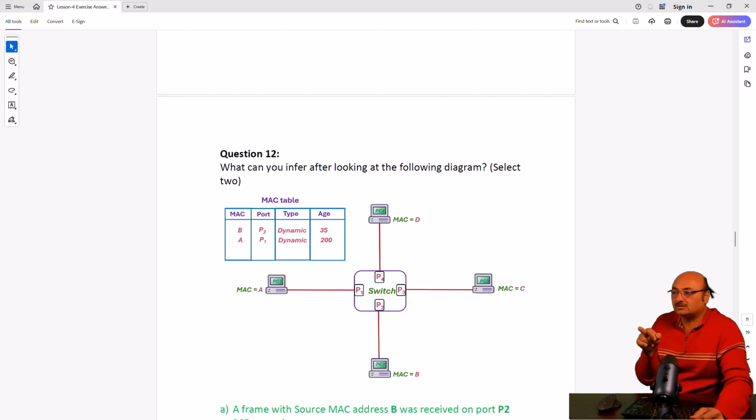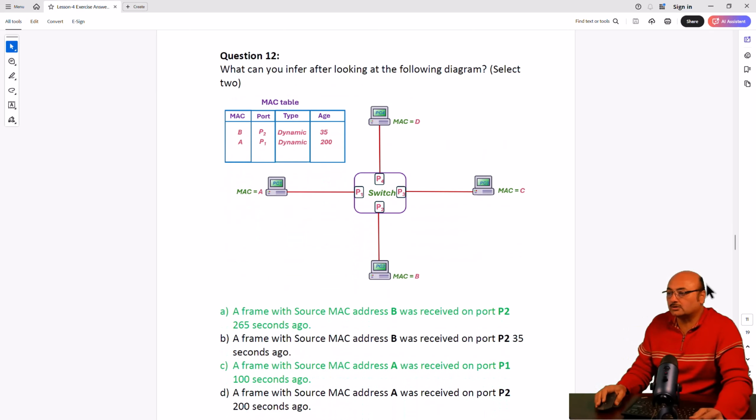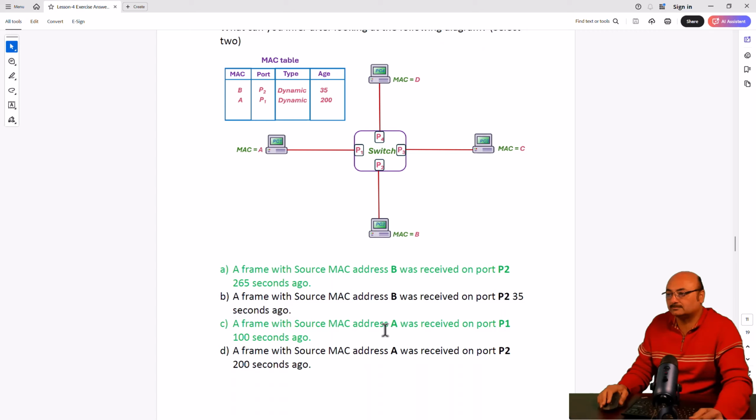And the second entry is for A, P1, with 200 seconds remaining. That means a frame with source address A would have arrived 300 minus 200, that is 100 seconds ago, on port P1. So those are the correct answers.